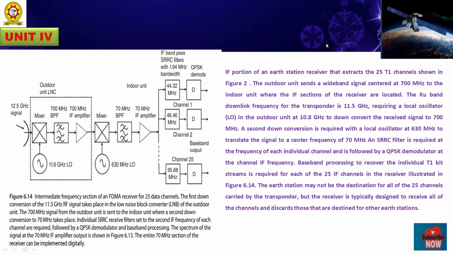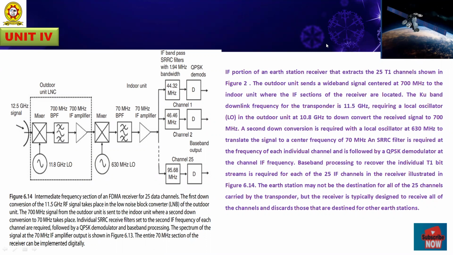Suppose our satellite communication system is designed to tune up for the Ku band downlink frequency. This downlink frequency operates at 11 gigahertz.